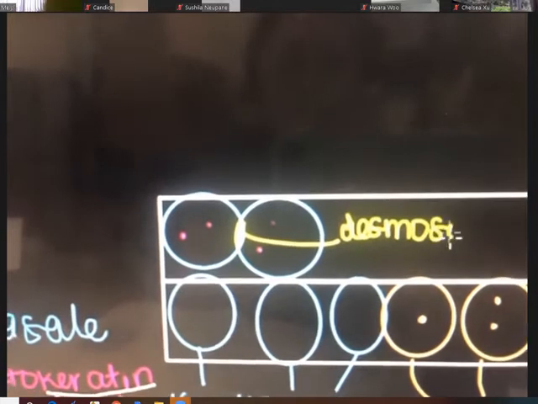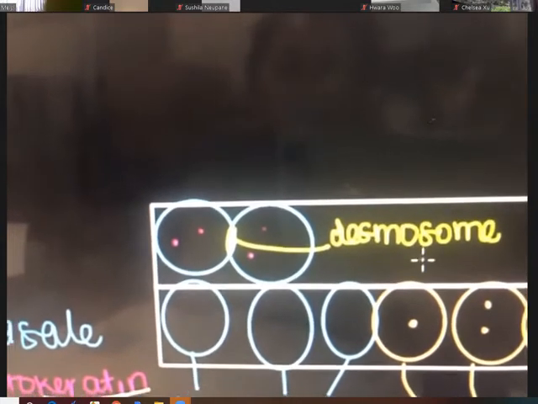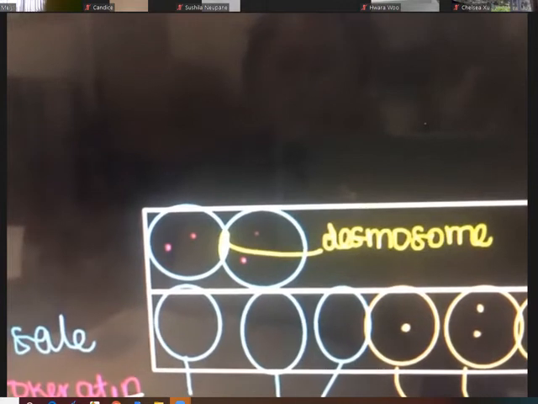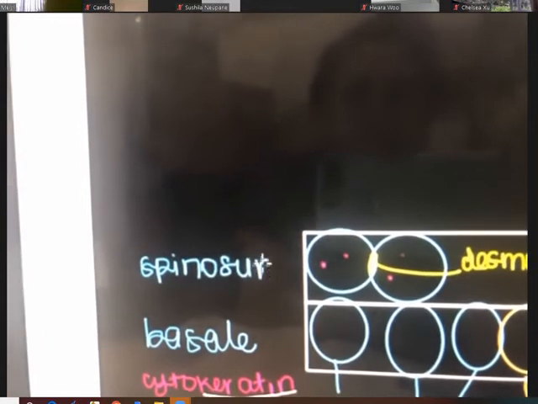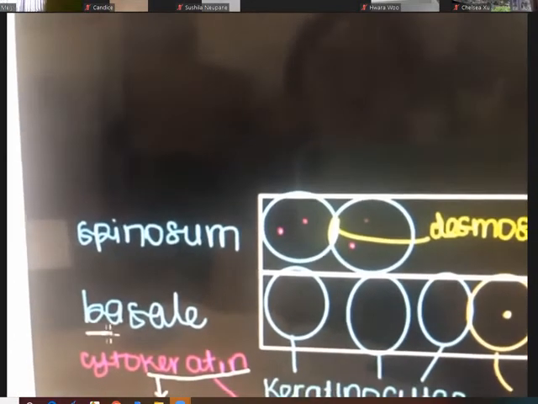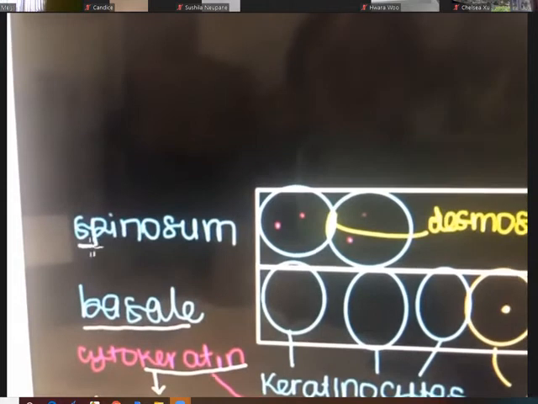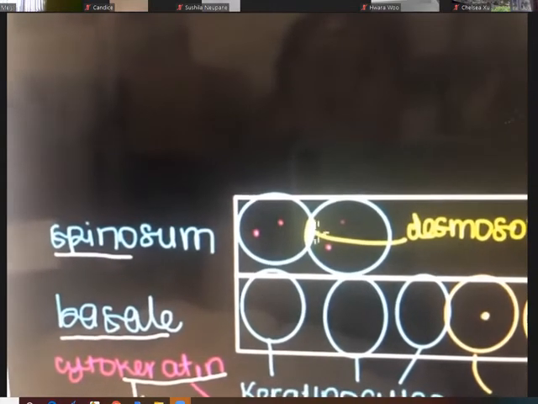A desmosome. And this is involved in what gives this layer its name. So this layer that sits above the stratum basale is called the stratum spinosum. The stratum spinosum, which, as you might guess from the fact that we call this our basal layer, this stratum is our spiny layer. And the reason why we call it that is because of the desmosome.